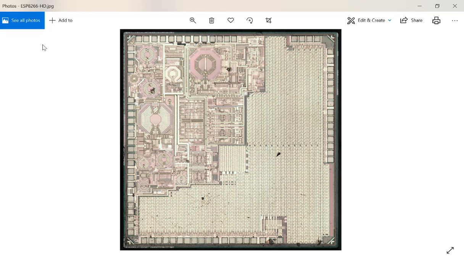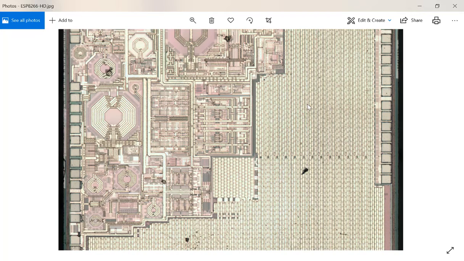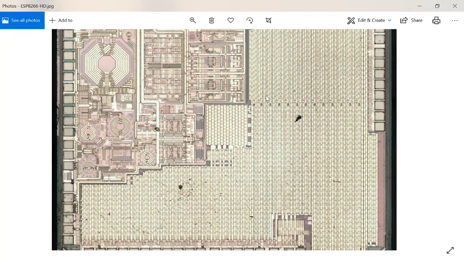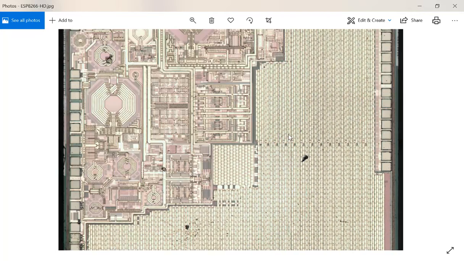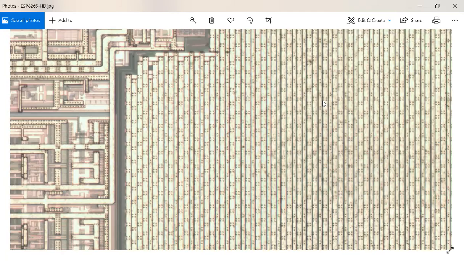And that's a die shot of the 8266. You can see there are so many things. These coils are inductors, and they also have all the other RF circuits. But what are these ones? I was thinking they are memories, but actually they are not. You don't need that much space for memory. So what are these?